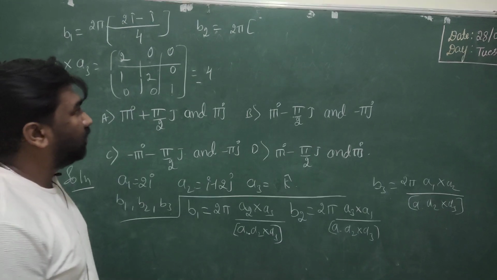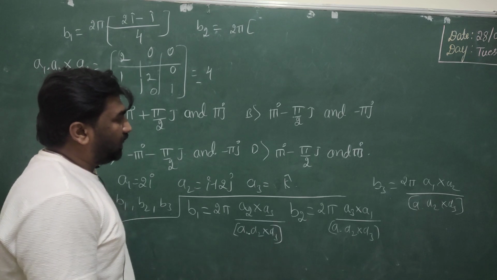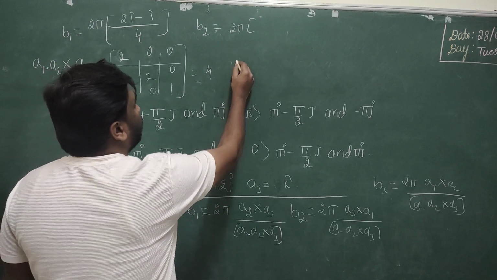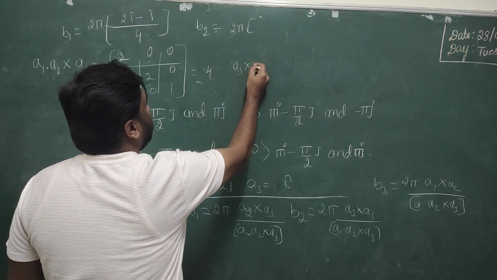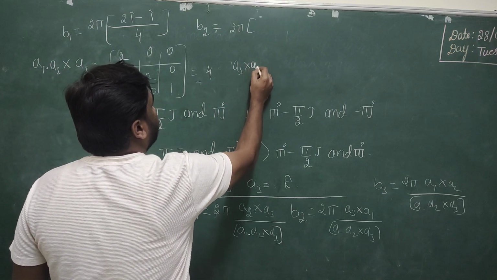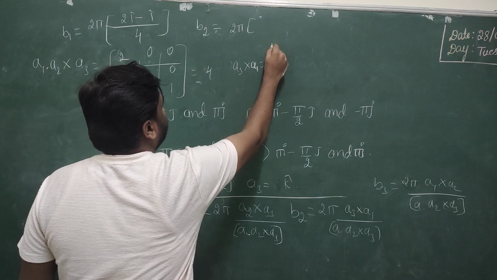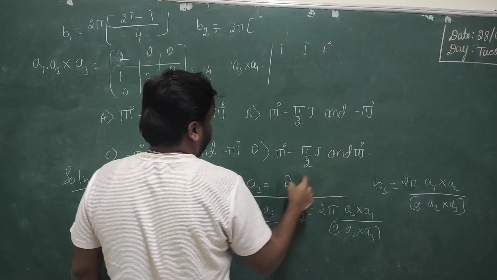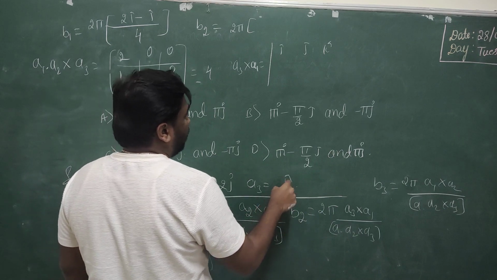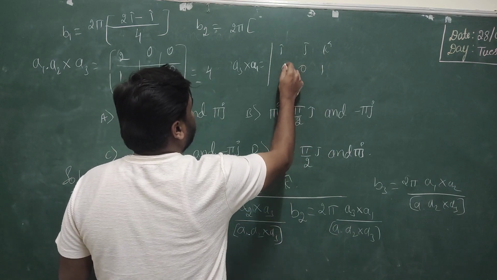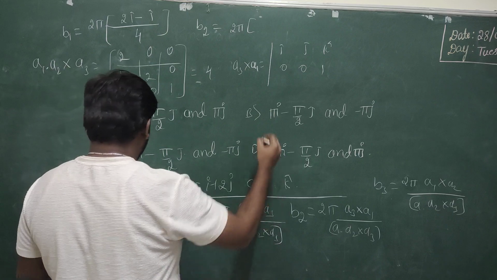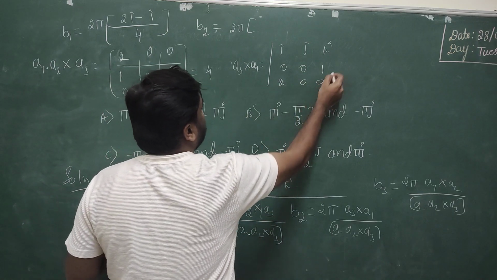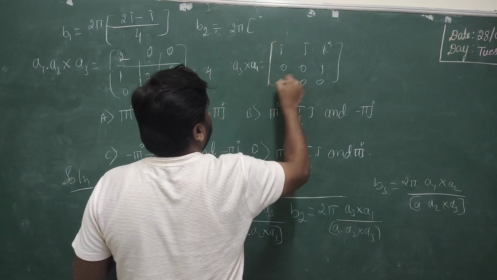Let's calculate A3 cross A1, which is the determinant with rows i j k, A3 with k coefficient 1 and others 0, and A1 with only 2 and other terms 0.